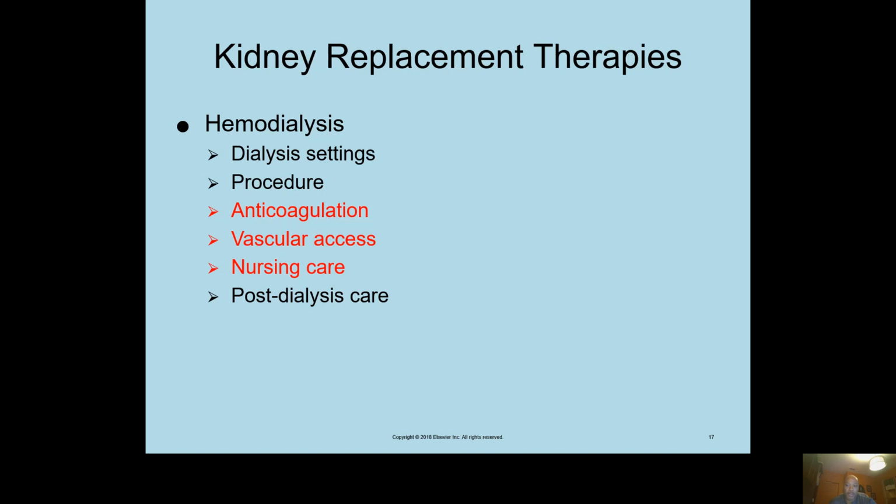Electrolytes move in either direction. Volume is removed from plasma by applying positive and negative pressure in the hemodialysis system itself. So I'm just going through the procedure with you, giving you an idea of the complex process.